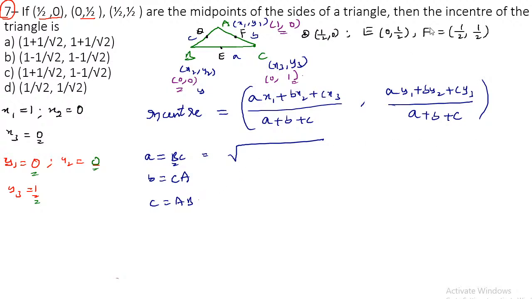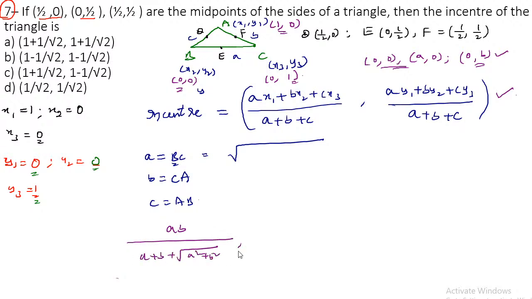We can solve this question using this formula, but we have another formula when one of the vertices of the triangle is the origin. If the vertices are in the form 0 comma 0, a comma 0 and 0 comma b, then the formula for finding the incentre is ab by a plus b plus root of a square plus b square.